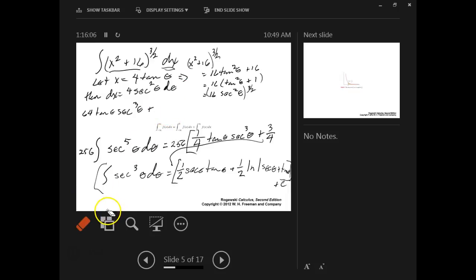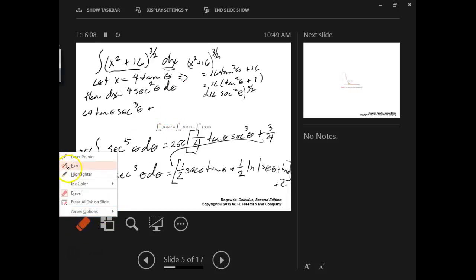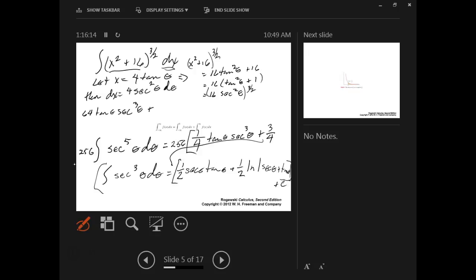So in other words, that's going to be 1/8. 8 will go into 256 32 times.